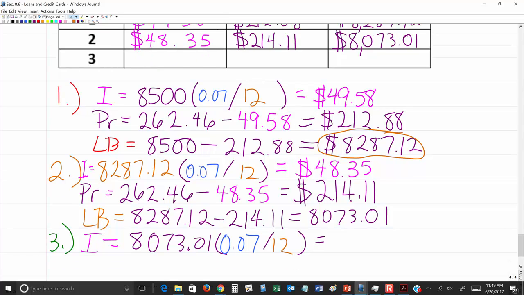All right, so it went down a tiny bit more, and that's $47.09.